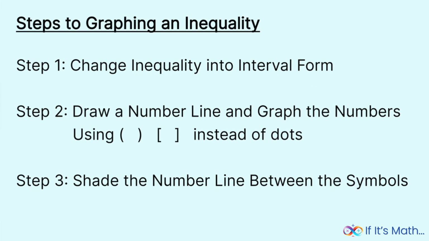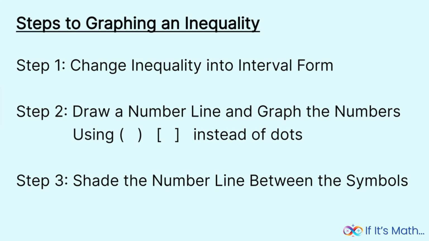Then on step 2, you're going to draw the number line and then graph the numbers. But instead of using dots, you're going to use whatever symbols you had in that interval notation. So where you would typically put a dot, you're either going to put a left or right parenthesis or a left or right bracket.